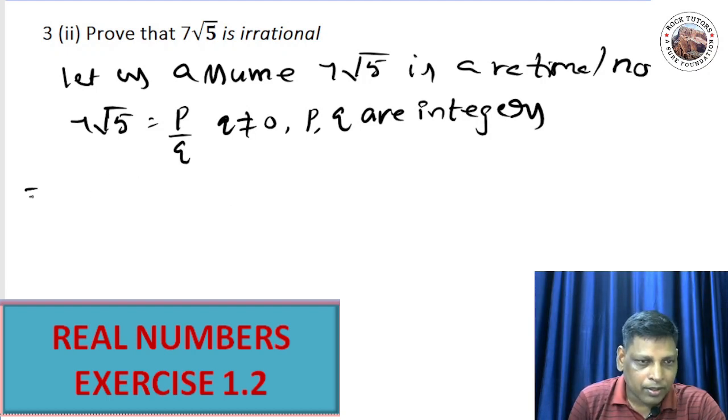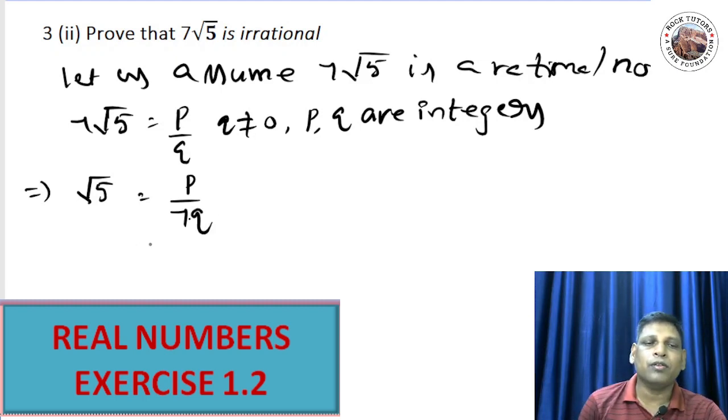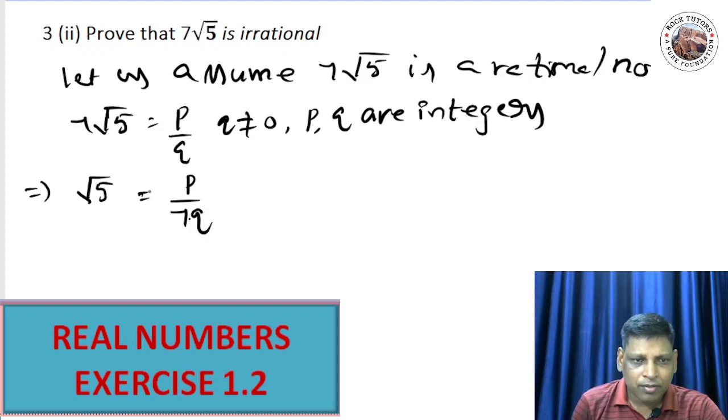Now I can write root 5 is equal to p by 7q. Here you know that p, q, 7 are integers.